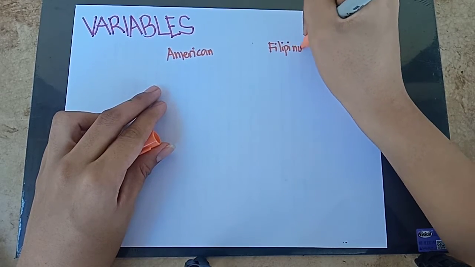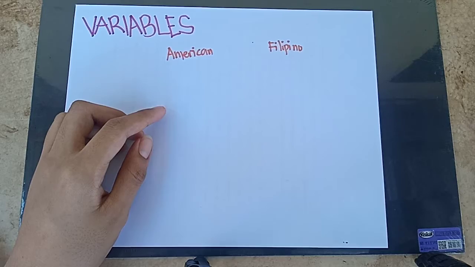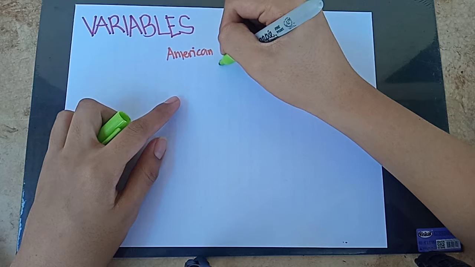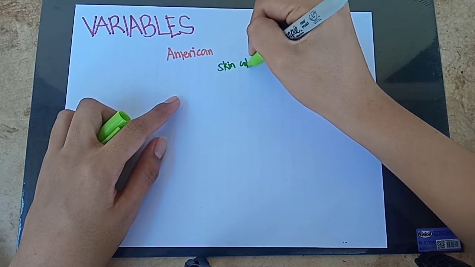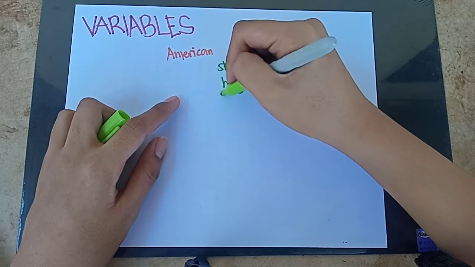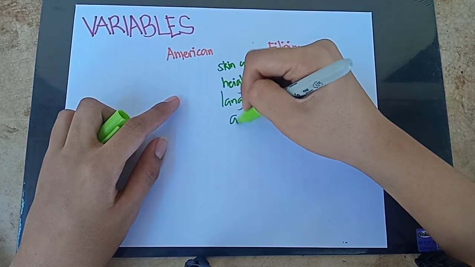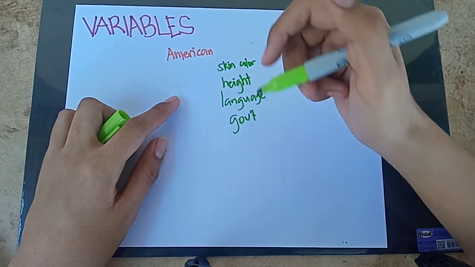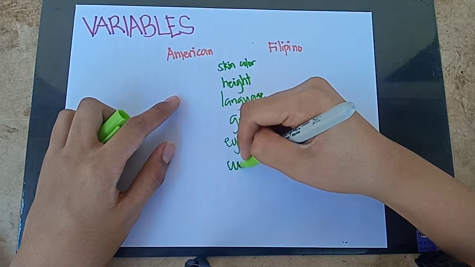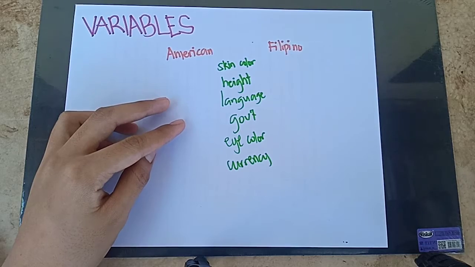Now, we will try to differentiate American from Filipino in terms of their skin color, height, language, government, eye color, and currency. Okay? So, let's try to differentiate the two.